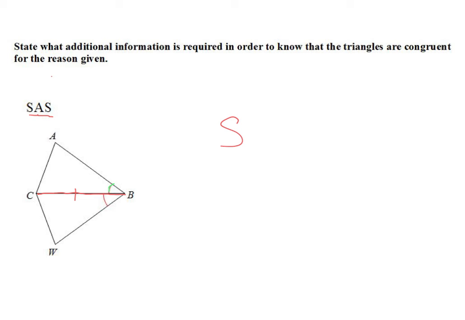Then I am given an angle congruent. Because we're doing side angle side, that third piece of information needs to be right off of the included angle. So that third side that's necessary in order to make this true would be the blue lines. So I would need a statement saying AB is congruent to BW in order to say that these two triangles are congruent because of side angle side.